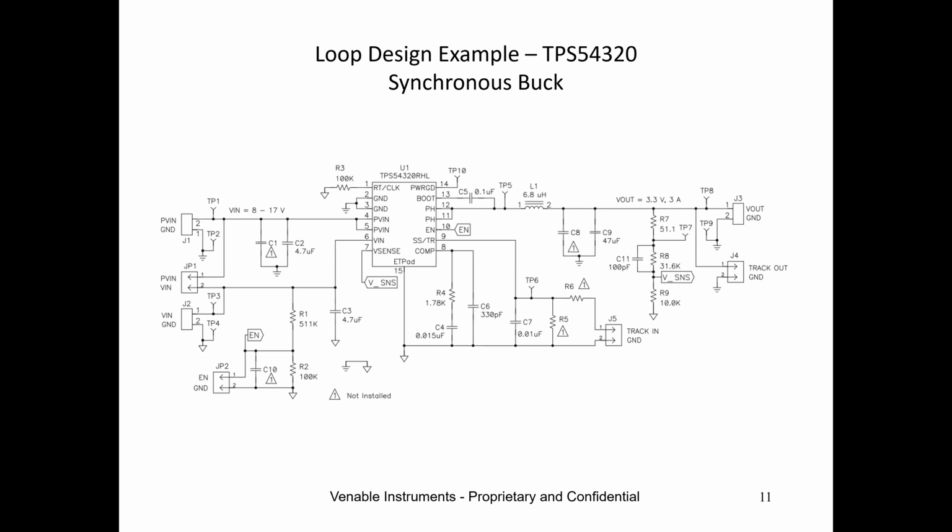And then you would measure from the comp to test point 8, and that would give you the power stage, which, if you're trying to design an error amp, is a very important measurement to make. If you're just checking loop stability, then you only really need to measure the total loop. It depends on what you're interested in doing.